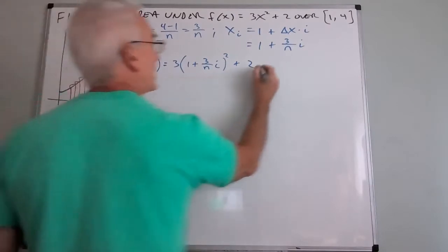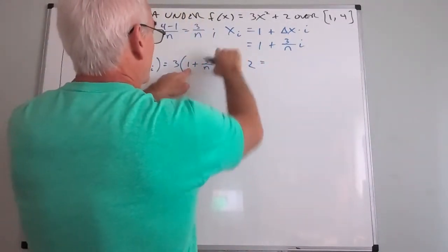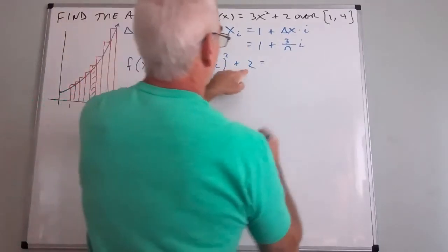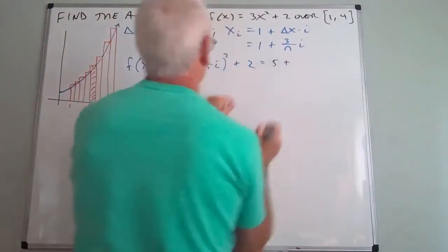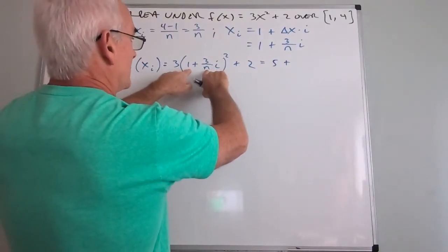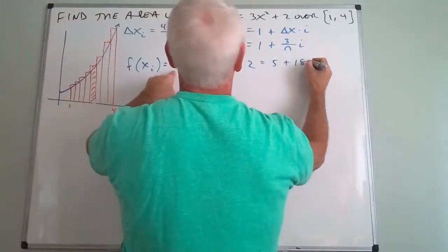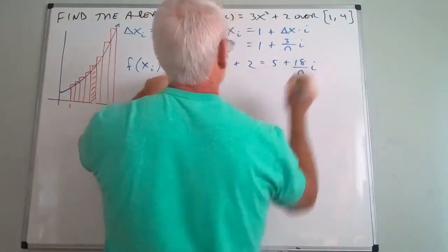So if I multiply this out, 1 squared is 1. 1 times 3 plus 2, that'd be 5. I'm going to have 6 over n times i in the middle times 3, so that'd be 18 over n times i.